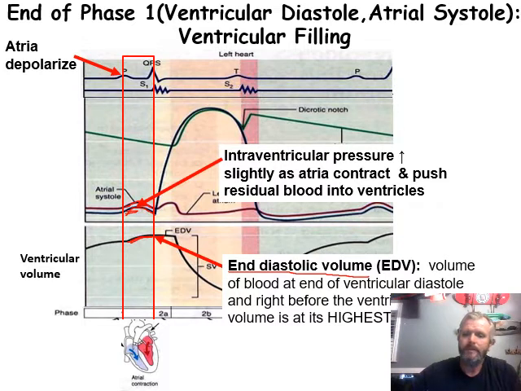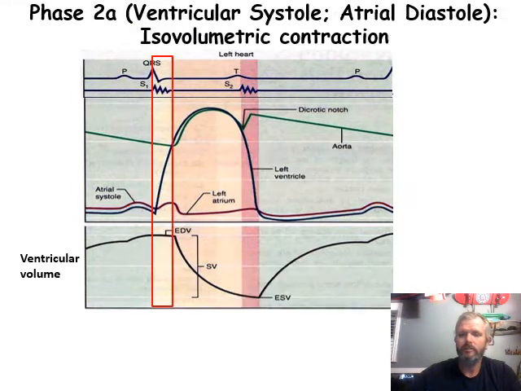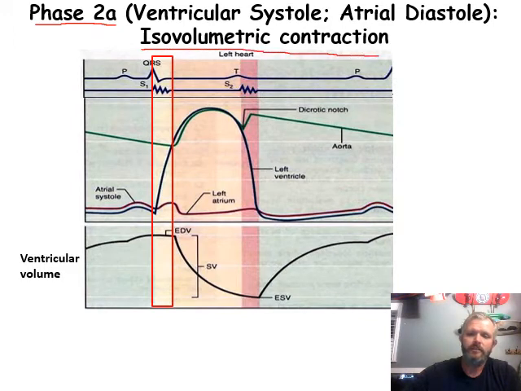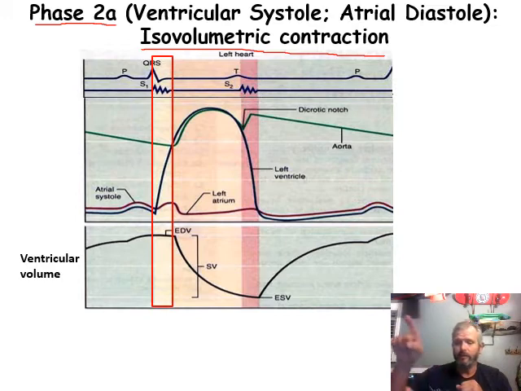Okay, and so then that moves us after the atria have gone into contraction and pushed blood into the ventricles. Now we move into what's called phase 2A, isovolumetric contraction. Okay, this is the interesting part of the pressure curves here. Remember, blood is only going to flow from an area of high pressure to an area of low pressure.